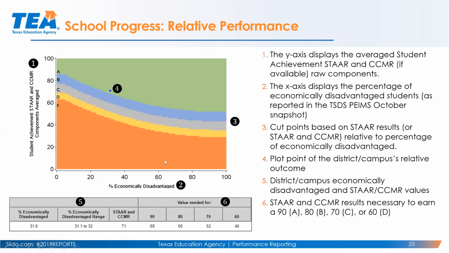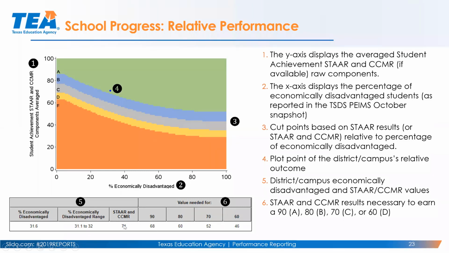Section 6 shows me the values needed for an A, B, C, or D. So they had a 71 for STAR and CCMR, which warranted an A. Now, why is that? Well, the value needed for a 90 or an A was at least a 68.